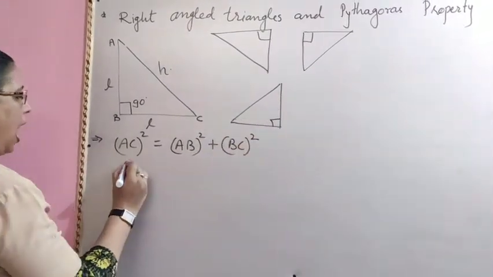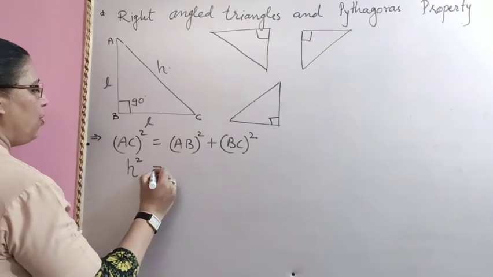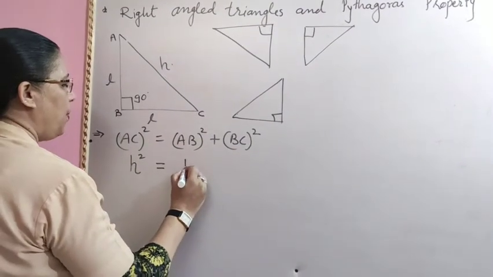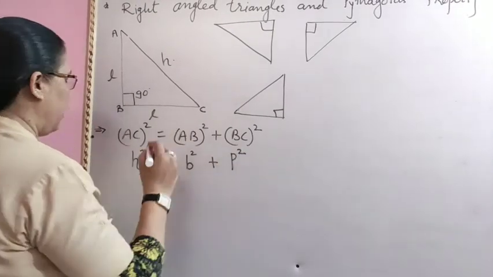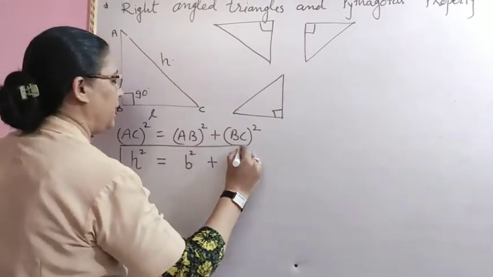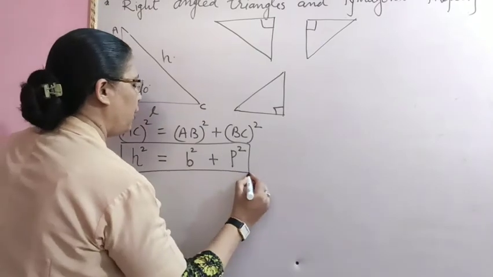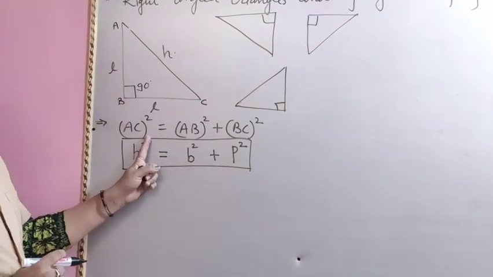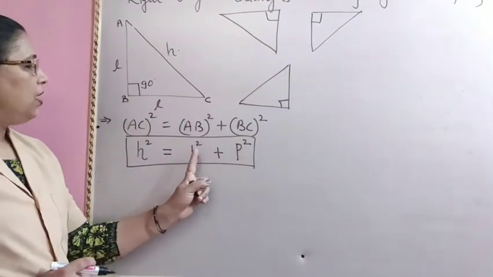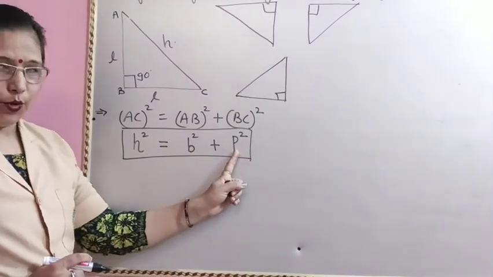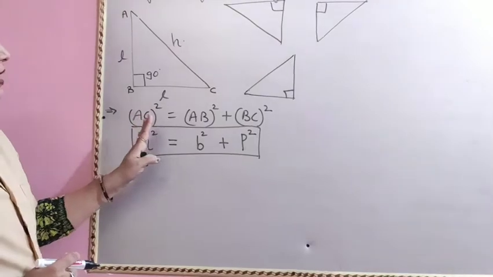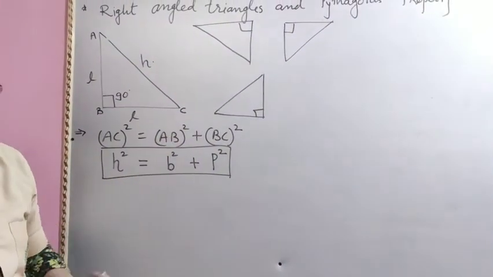It means hypotenuse square is always equal to base square plus perpendicular square. Please always remember it, beta. This is the Pythagoras theorem: hypotenuse square is equal to the sum of the squares of base and perpendicular. Now according to this theorem, we will solve the exercise.